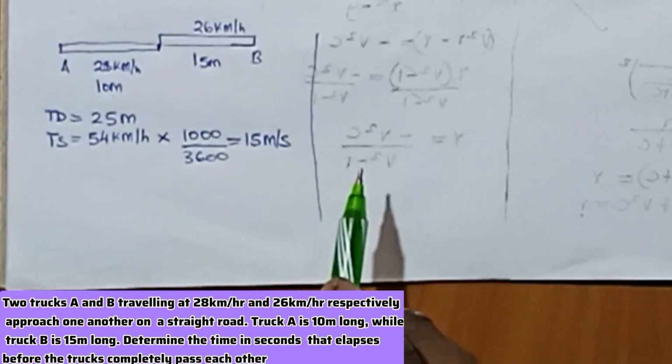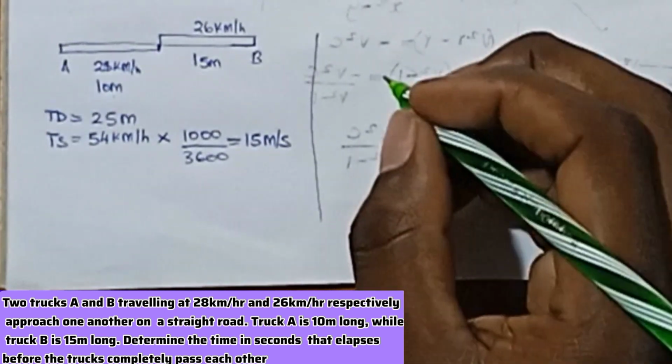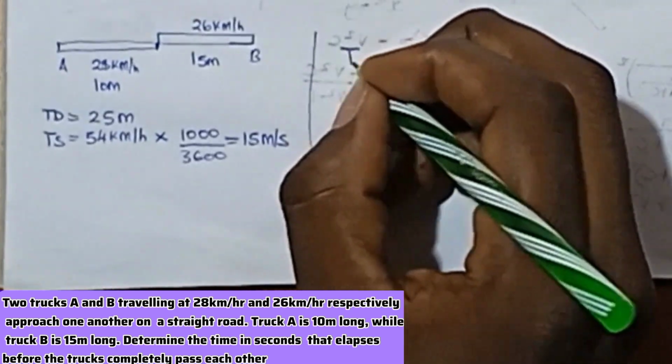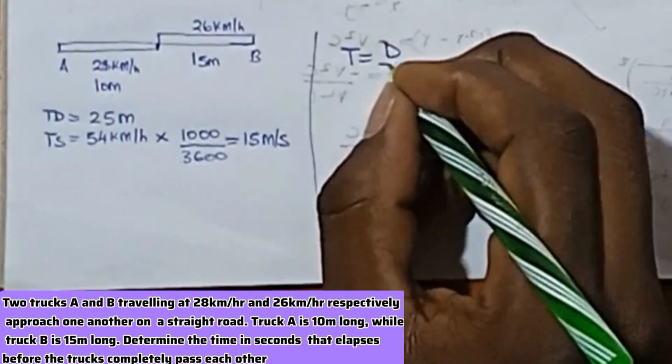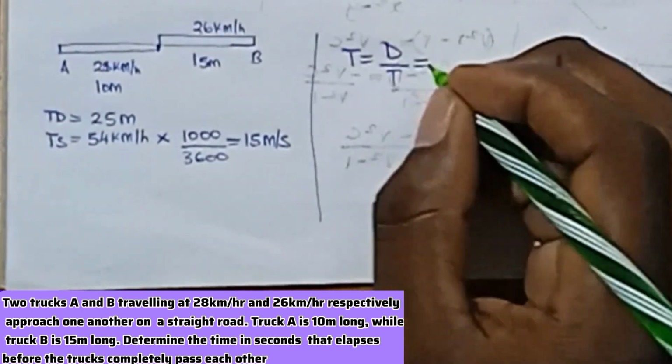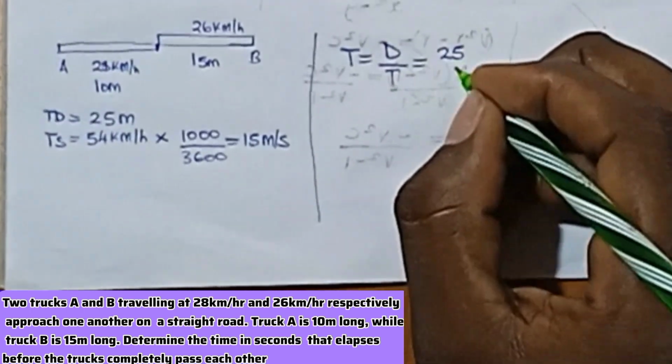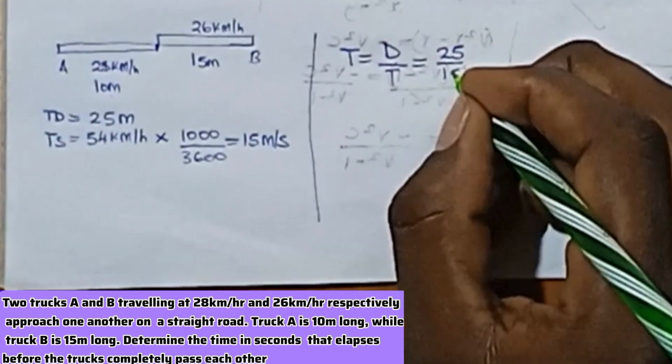So the time taken will be this. The time is equal to distance over speed, which is 25 divided by 15.